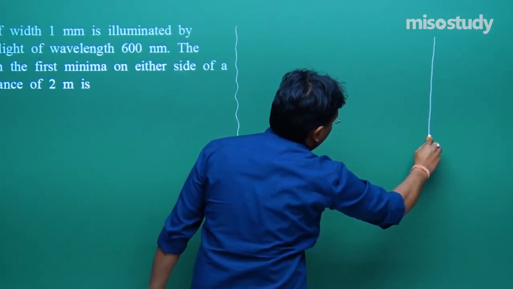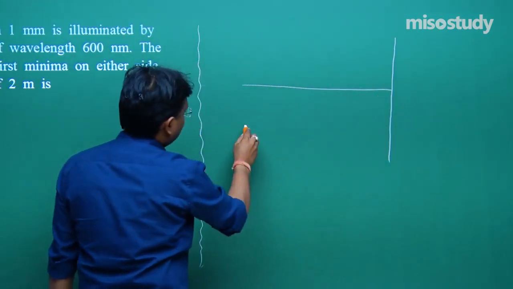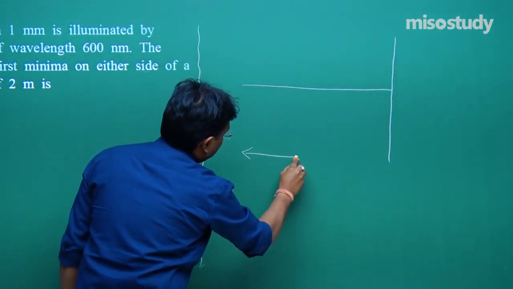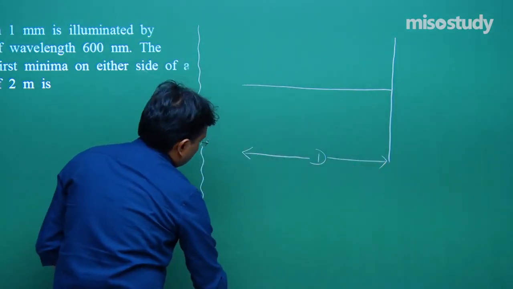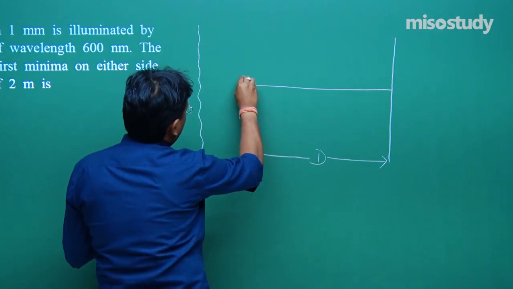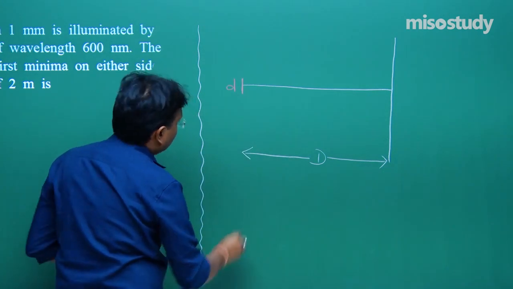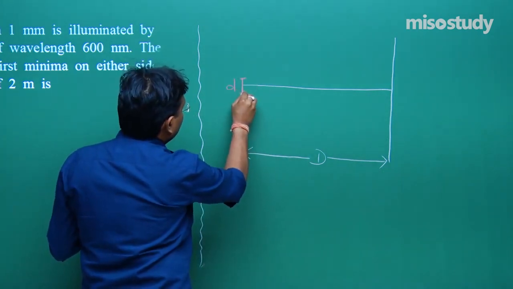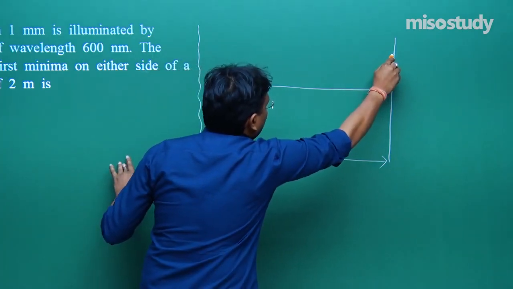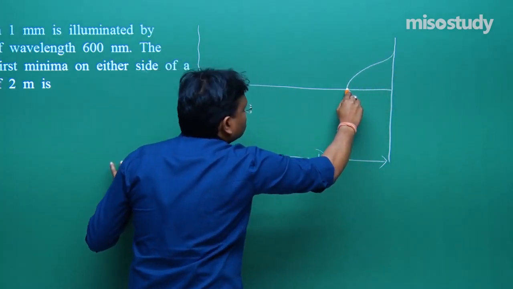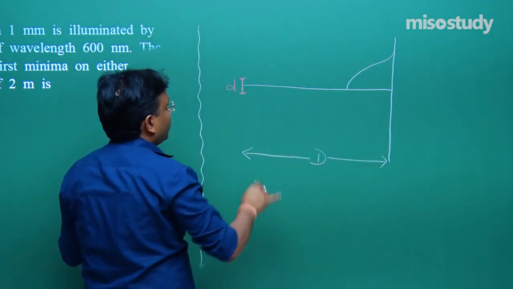This is the screen and this distance is capital D. Fine. And this is your narrow slit of d. Fine. Red color narrow slit. Okay. Same pattern, peak. Second half again I am not drawing.